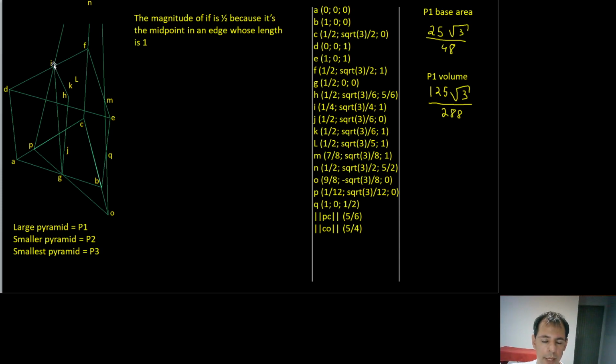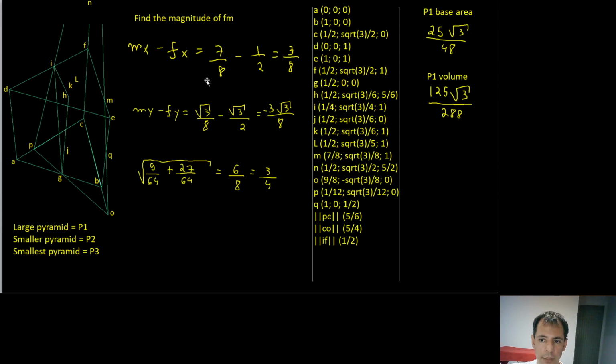So the base of the smaller pyramid goes from I to F, F to M, and M to I, right? So I'm just going to get the sides IF and FM. So I get the magnitude of IF. And then I find the magnitude of FM the same way that I found the magnitude of CO.